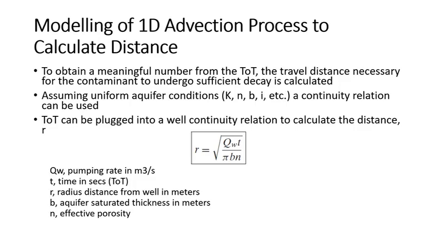B is the saturated aquifer thickness, and n is your effective porosity. Whatever distance you get, that is the distance that would allow for enough time for your contaminant to decay into safe levels, and that would be the radius distance of your wellhead protection area.